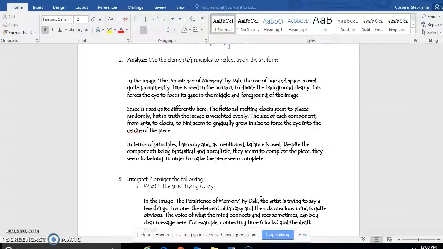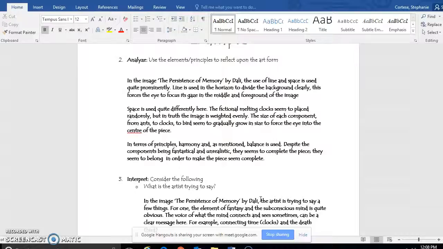Well, we will eventually, but not in our second stage. So in The Persistence of Memory, Dali's use of line and space is quite predominant. Line is used in the horizon to divide the background clearly. It focuses the eye to gaze in the middle and the foreground.